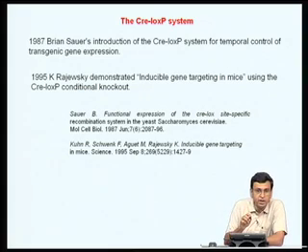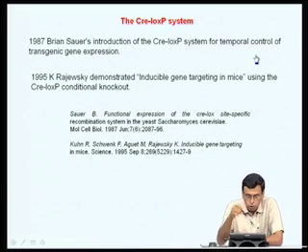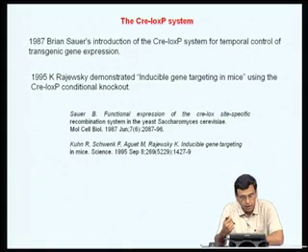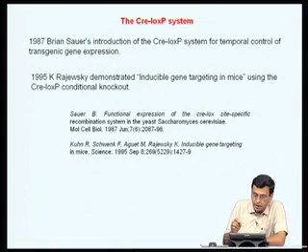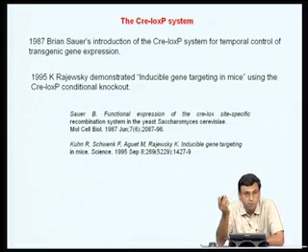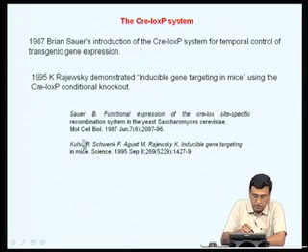One such site specific recombinase was identified very early, during the 1980s, by Brian Sauer, who identified what is called the Cre-Loxp system, which is a recombinase present in bacteriophage P1. What they showed is that by using this Cre-Loxp system, you can knock out genes conditionally in transgenic mice. This was shown by Rajewsky's lab in 1995. The original papers are shown here.